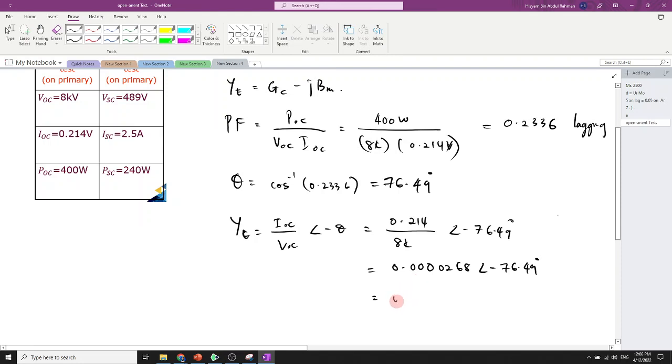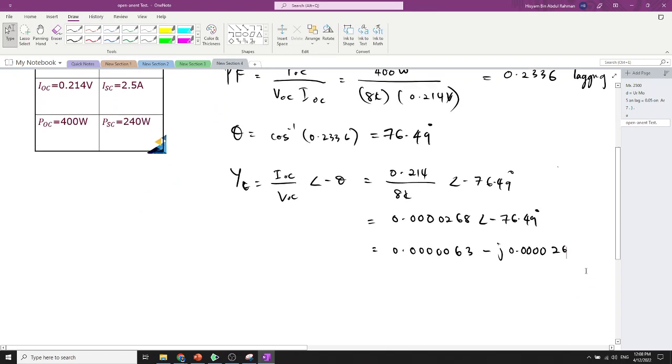So 0.000, berapa banyak zero ni? 1, 2, 3, 4, 0.550 63 minus 62 tak apalah, exponent and then minus 2.6 J, negative 0.000 0 ada 4, 26 and then 26. So this is the YE.